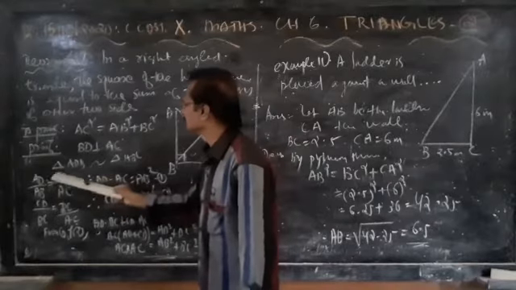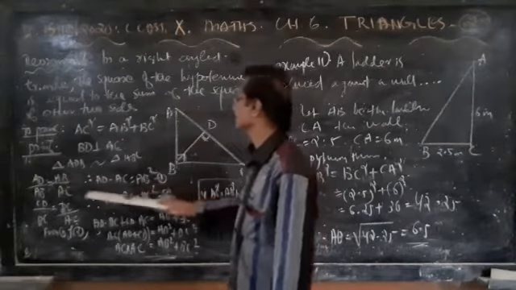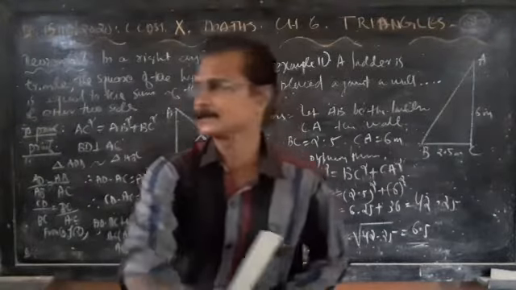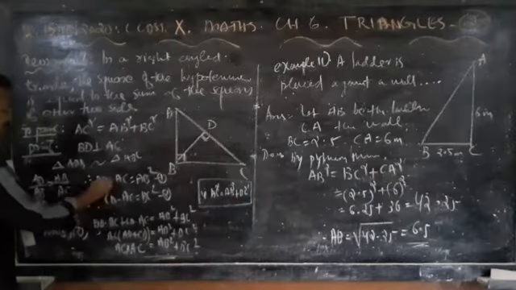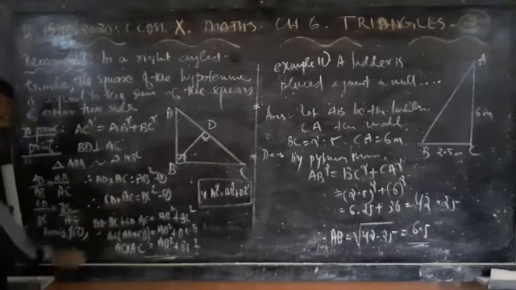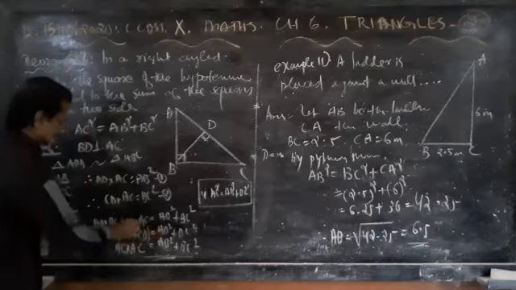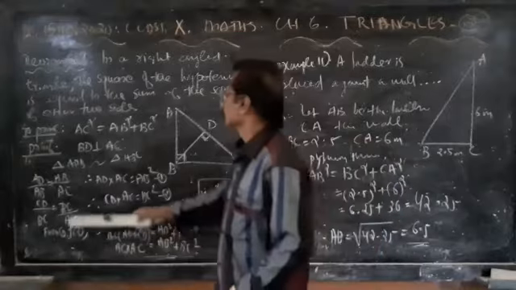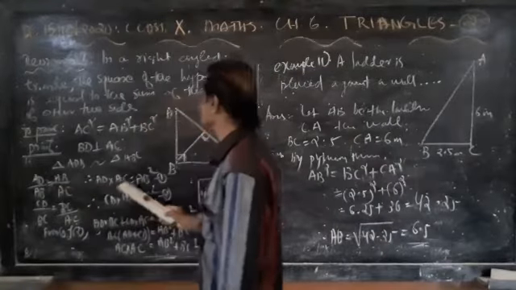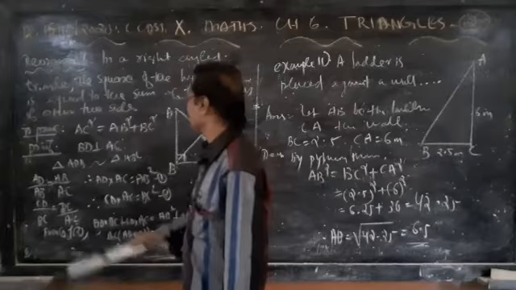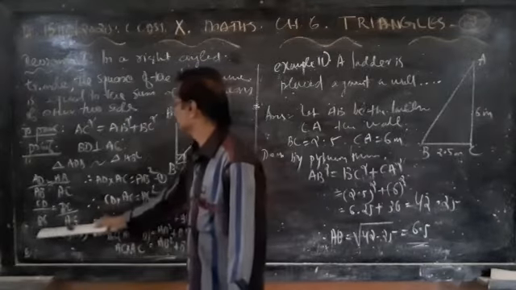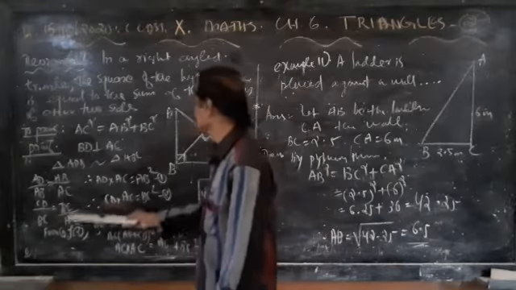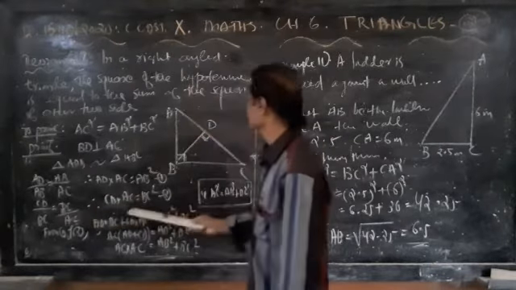Now cross multiply: AD into AC equal to AB squared. You can put the multiplication mark into here. Now, cross multiply AD into AC equal to AB into AB squared, and in the same way CD by BC equal to BC by AC. Therefore, cross multiply CD into AC equal to BC squared.